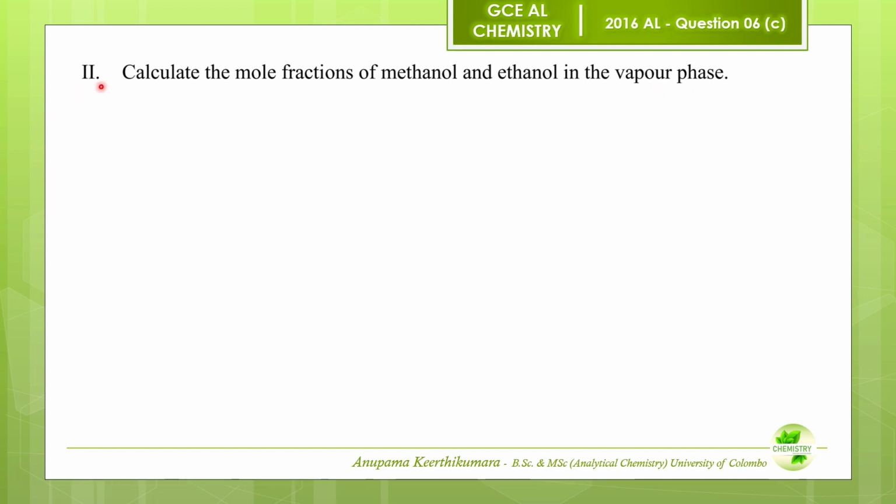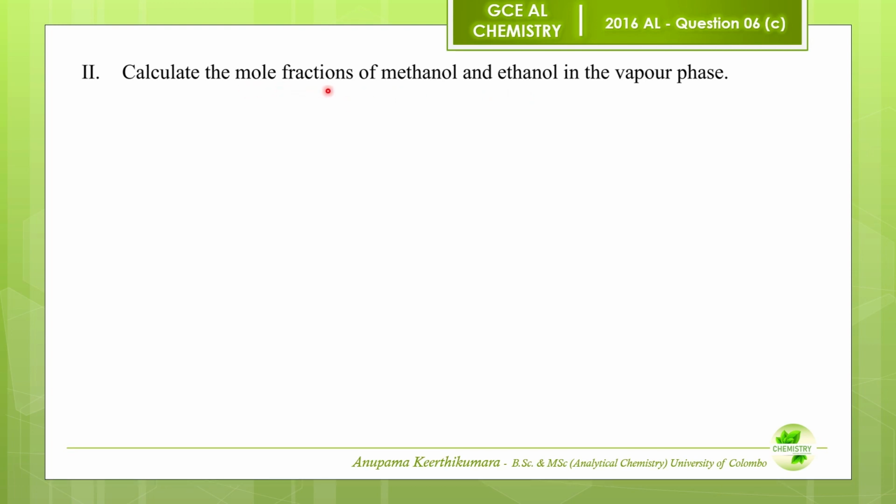Question number 2, part 2. Calculate the mole fractions of methanol and ethanol in the vapor phase. Partial pressures of gaseous methanol and ethanol are required to get this answer.